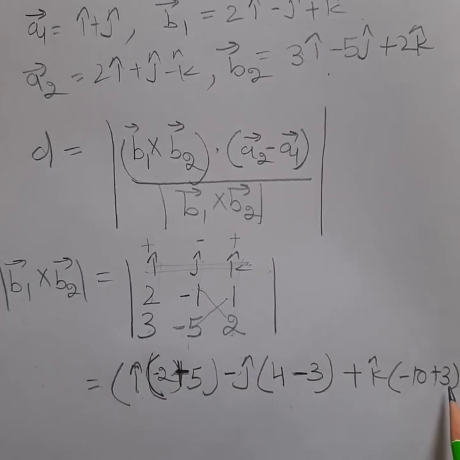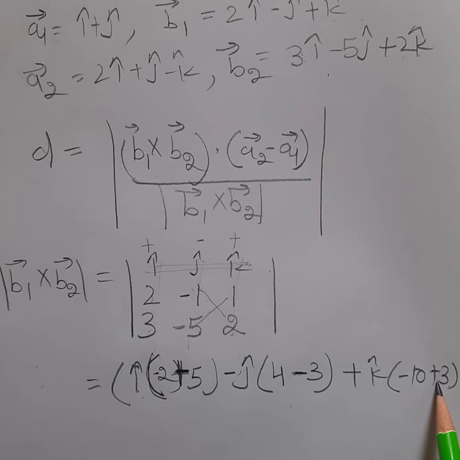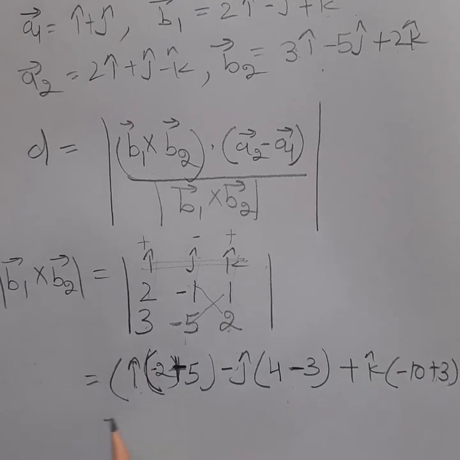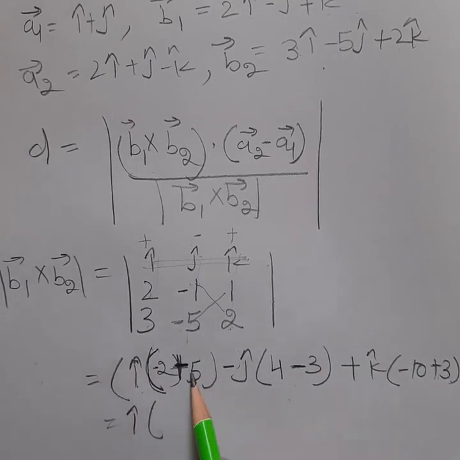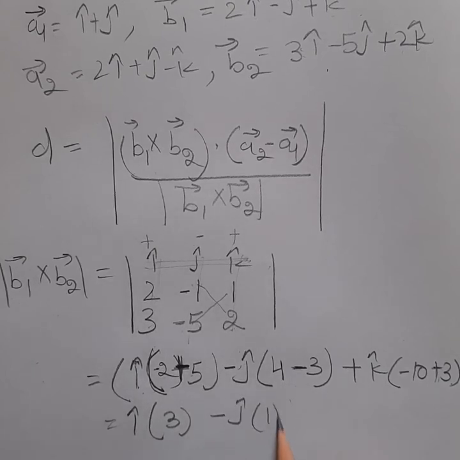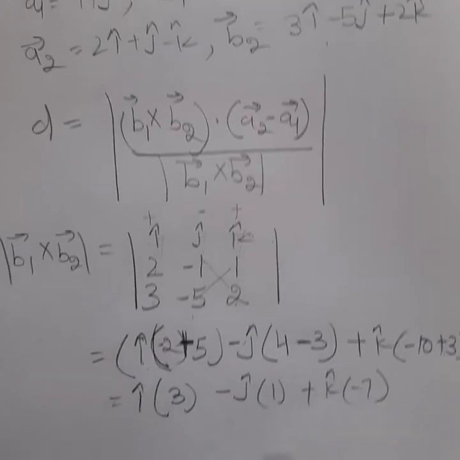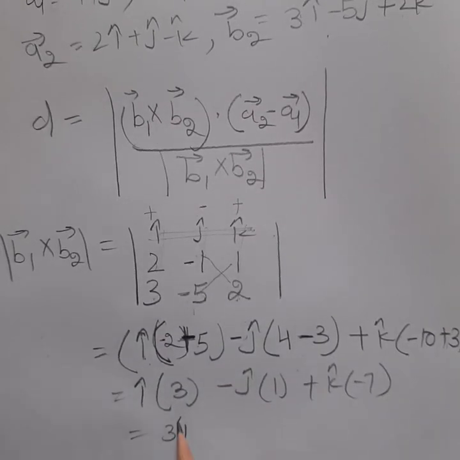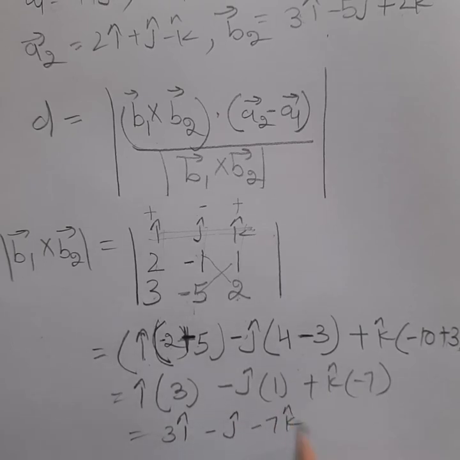Now we are left with the answer: minus 2 minus 5 gives minus 2 plus 5, we get 3, and 4 minus 3 we get 1, and minus 10 plus 3 we get minus 7. Then we have the values 3i minus j minus 7k.